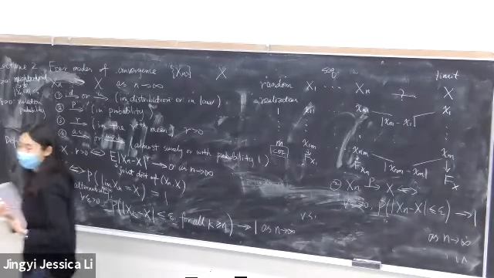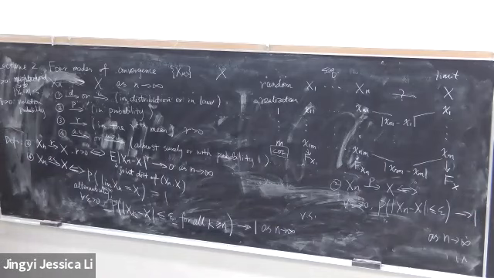So take your time to compare the 2 definitions. One is convergence in probability, one is convergence almost surely. You see, they are very similar.